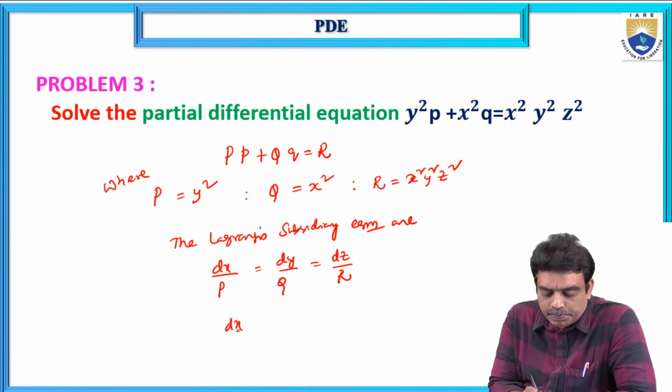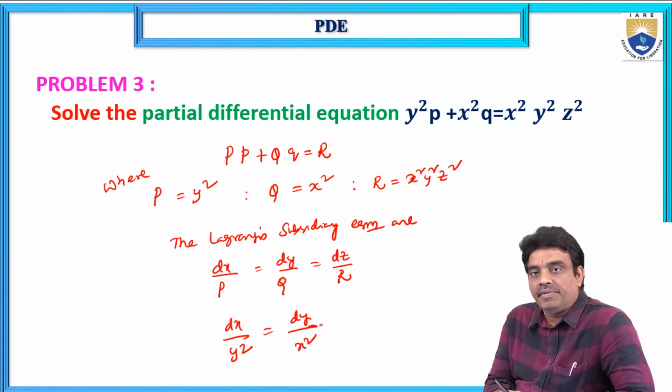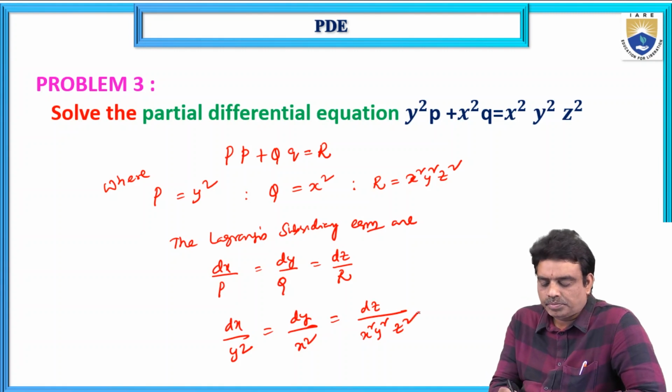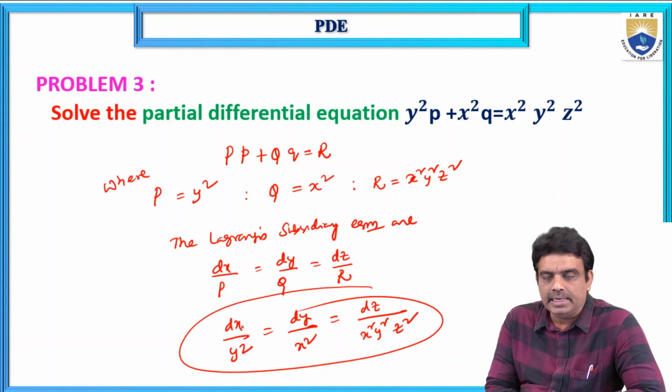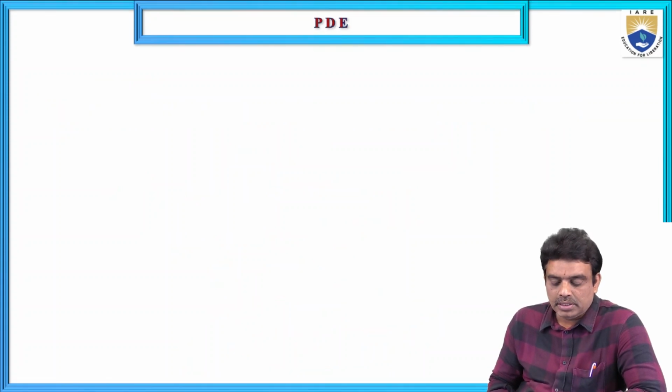So here what is P? dx by y square. What is Q? x square. So dy by x square. dz by R. R is x square y square z square. Now from this you take first and second and take second and third to get the solution.